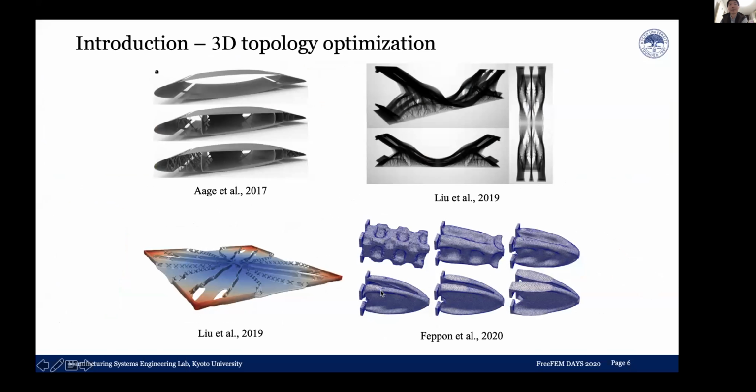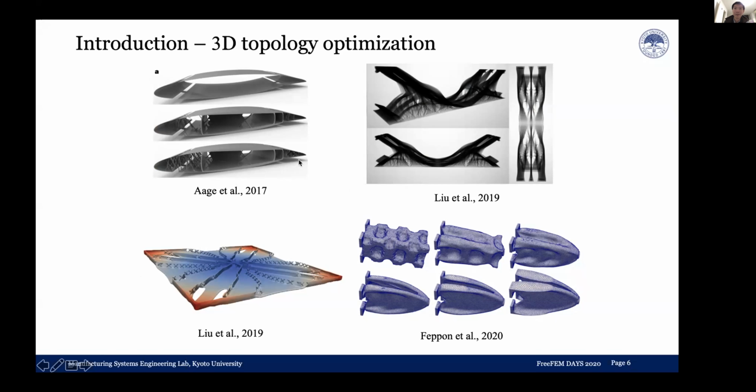So next, I want to share some latest trends in high-resolution 3D topology optimization. Early large-scale topology optimization was mainly explored with density-based methods. The figure on the top left corner shows an aircraft wing design by Professor Aage in 2017. They used PETSc and a fully distributed framework to design this structure.